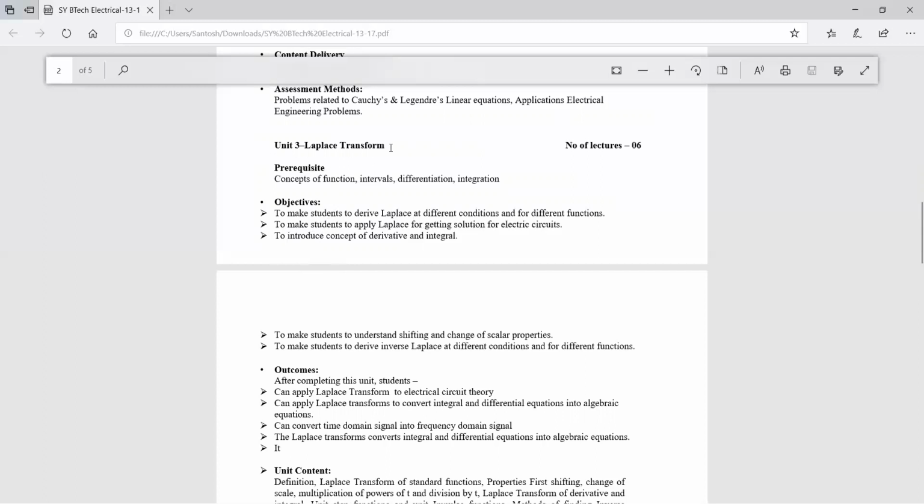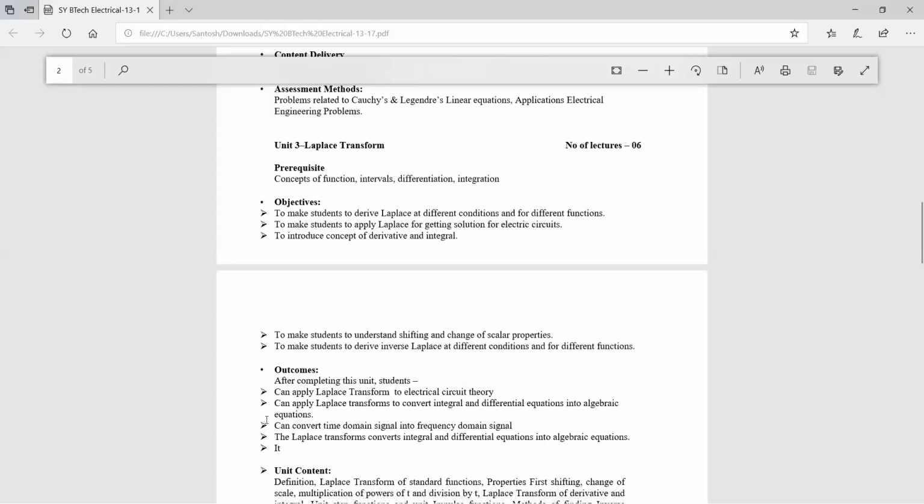That means we have to find the Laplace transform of derivatives and integration. Next, application: to make the student understand shifting and change of scale properties, and to derive the inverse Laplace transform under different conditions and for different functions.